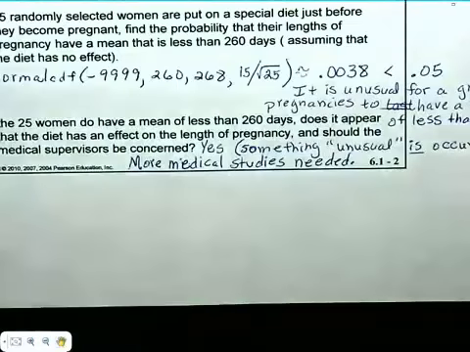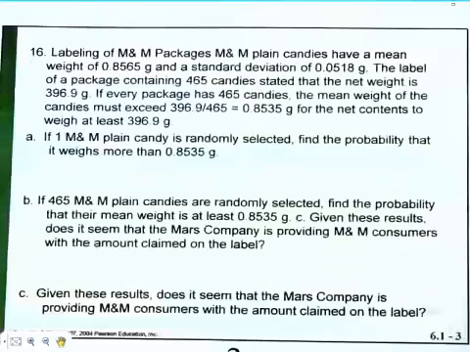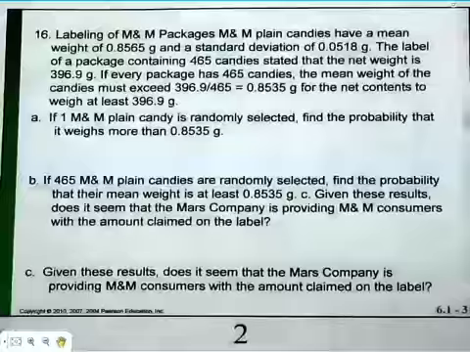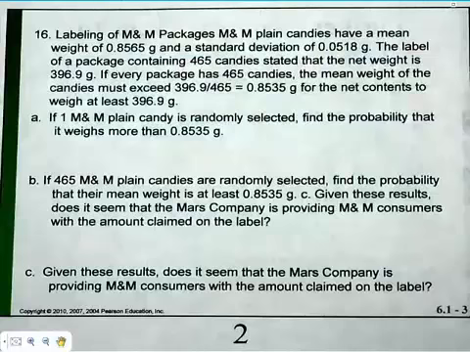All right, I think we have one more. The labeling of M&M packages. Mars says that their M&Ms have a mean weight of 0.8565 grams and a standard deviation of 0.0518 grams.